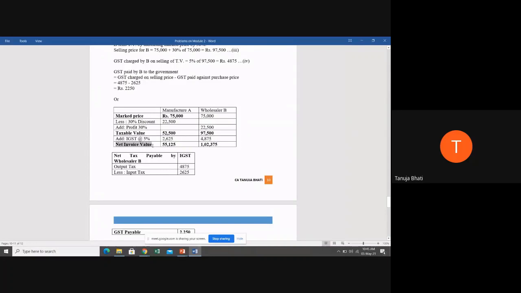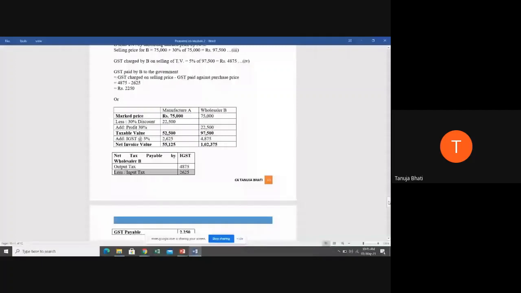So net invoice value, which wholesaler B is going to collect from dealer C, is 1,02,375. So how do we calculate the GST payable by wholesaler B? It is output tax minus input tax. Output tax is 4,875. Input tax is 2,625. So the net GST payable is 2,220.